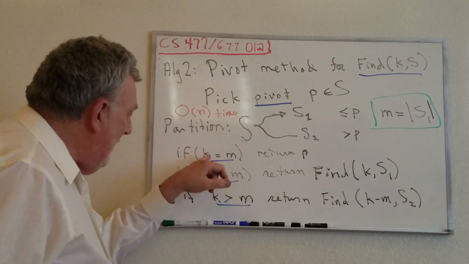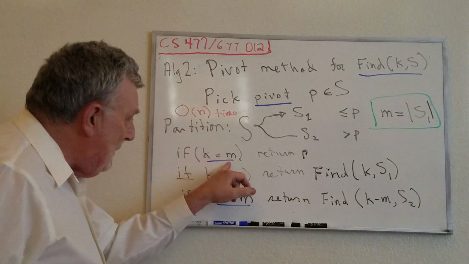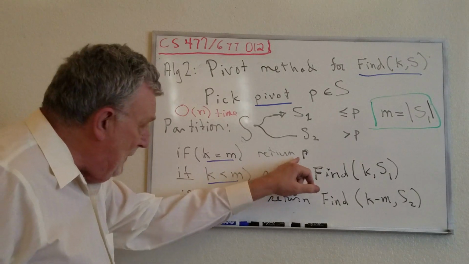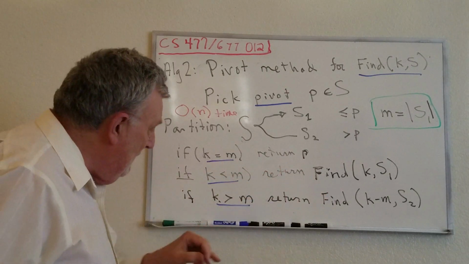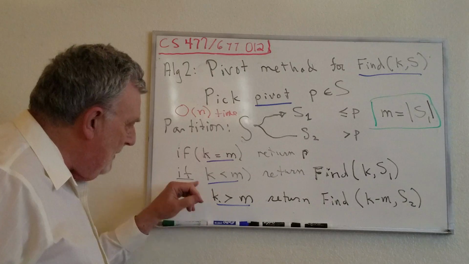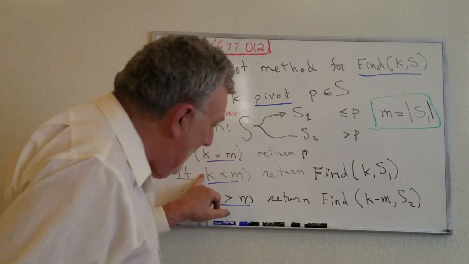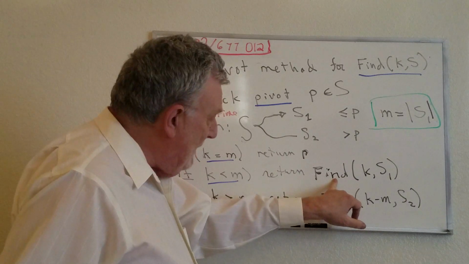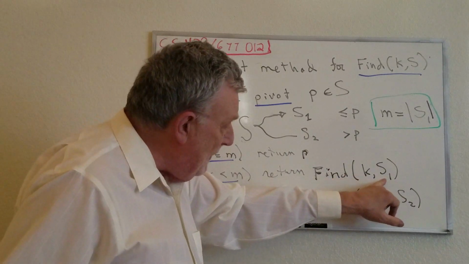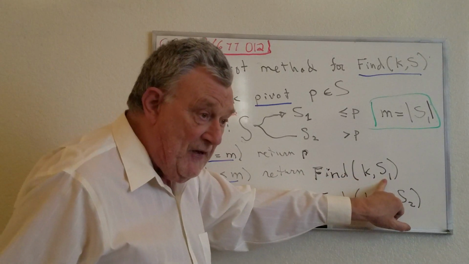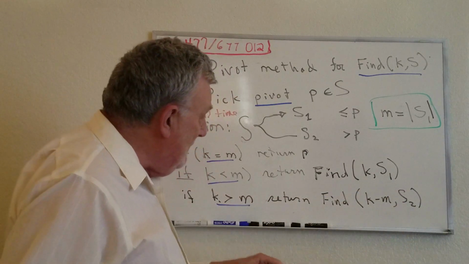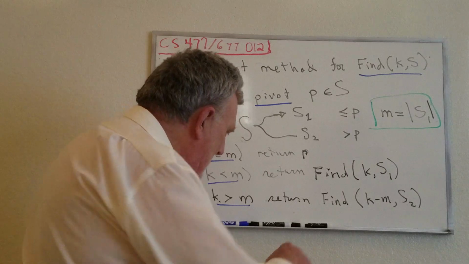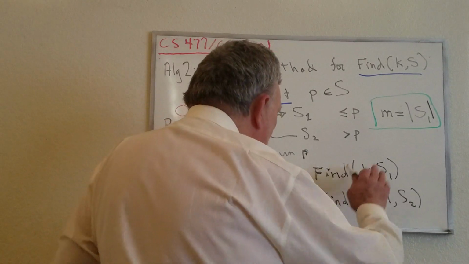Now, if k actually is equal to m, then we have found the kth smallest. That's it. It's the pivot. We're lucky. More likely, it's smaller or larger. If k is smaller than m, then recursively we return the value of find k S1. Since S1 is a smaller set than S, well, actually, we're not going to use all of S1 here.